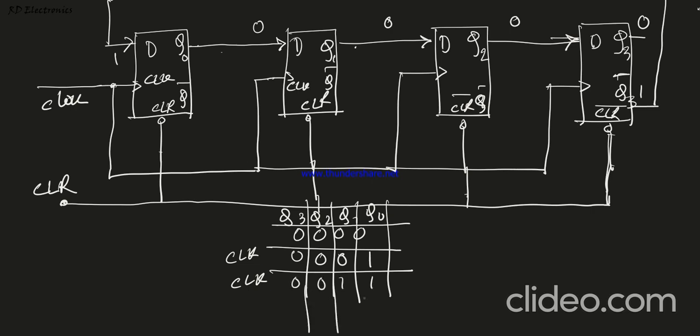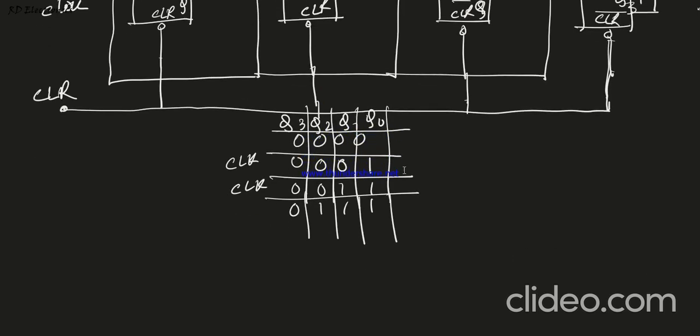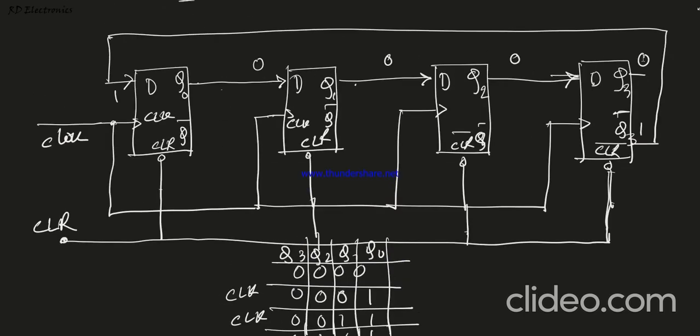After several clocks the output looks like that. After several clocks all the outputs equal 1 1 1 1. Now the interesting fact is coming. When all outputs equal 1, that means Q3 equals 1, then Q3 bar equals 0. Now this 0 is propagating via this wire and applied to the D input.